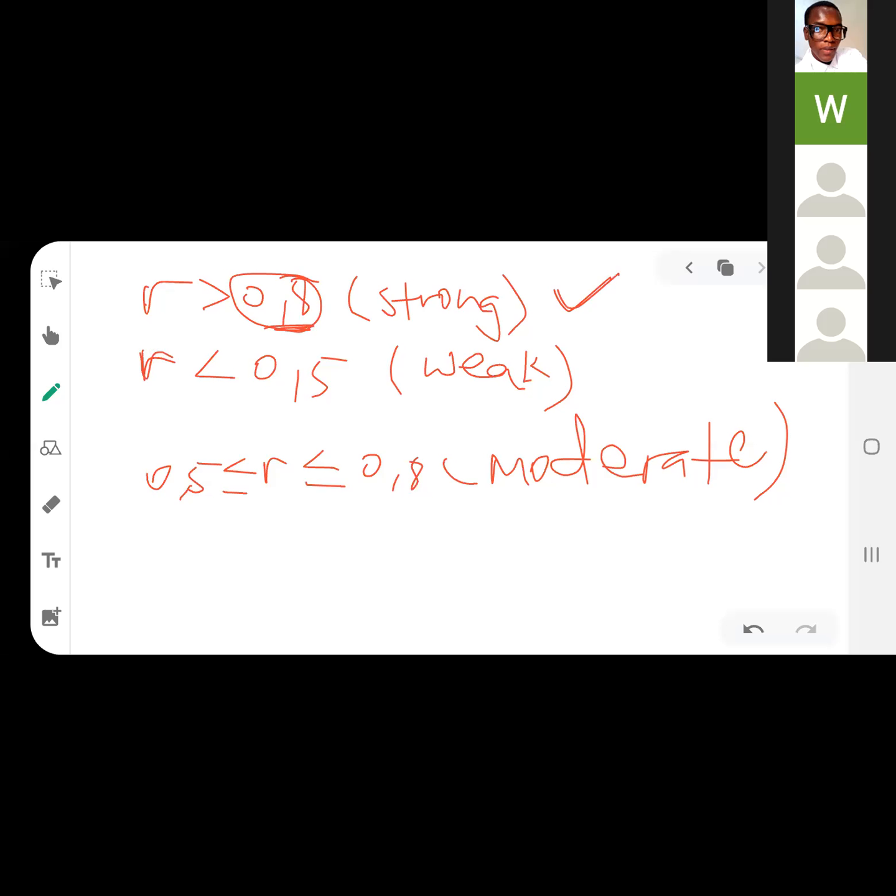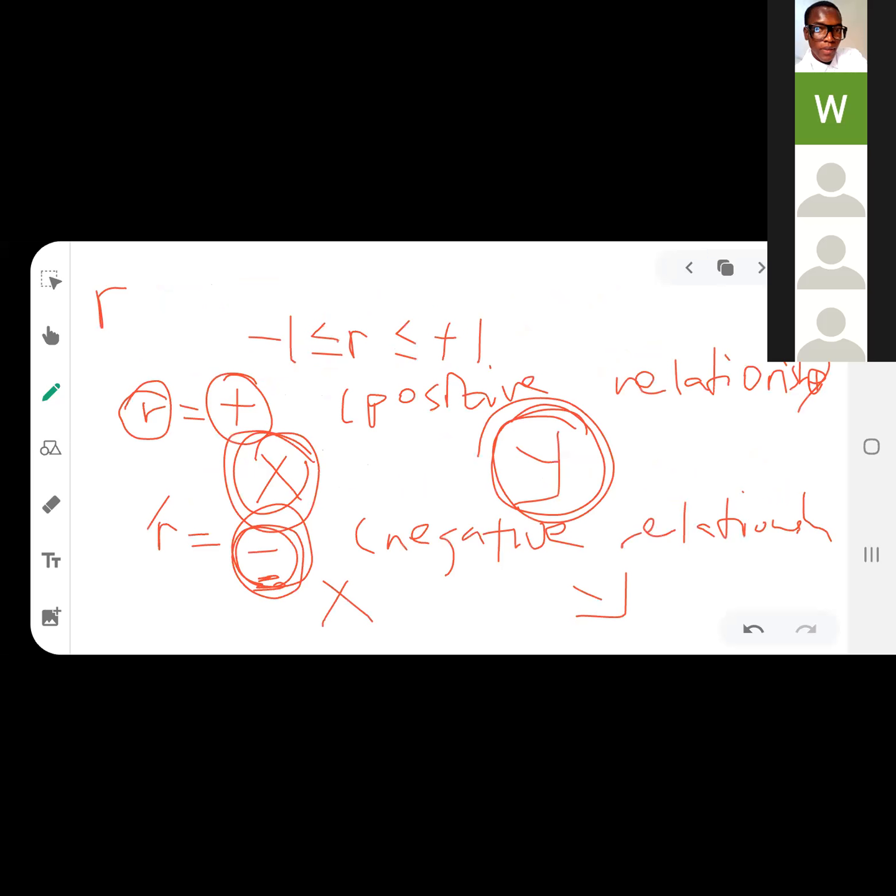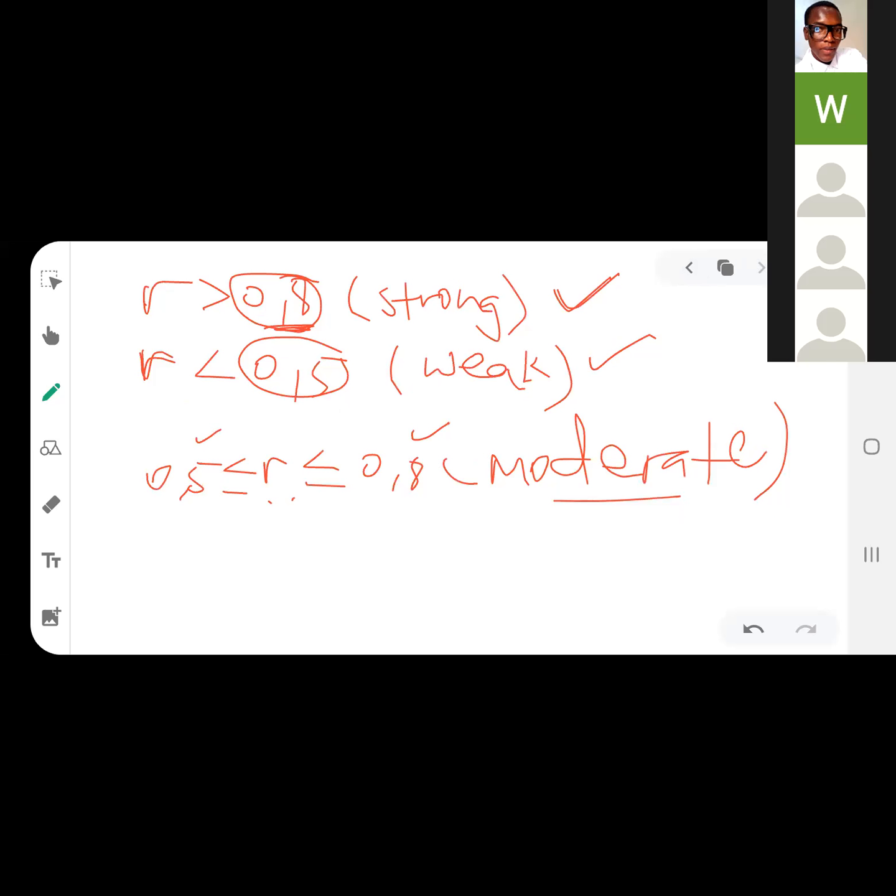In the second scenario, 0.5 is also not included because there's no equal sign here. So if it's less than 0.5, it means that the relationship is weak. And if it's between 0.5 and 0.8, both inclusive, it means the relationship is moderate. So when you do your interpretations, you are going to combine positive and negative with these three.